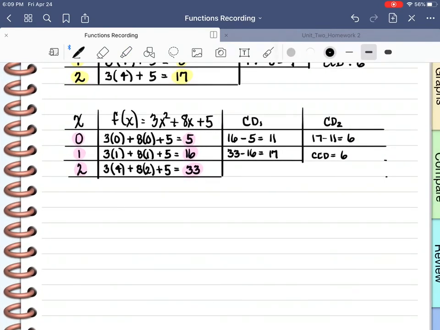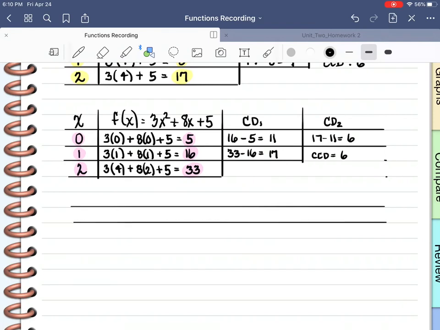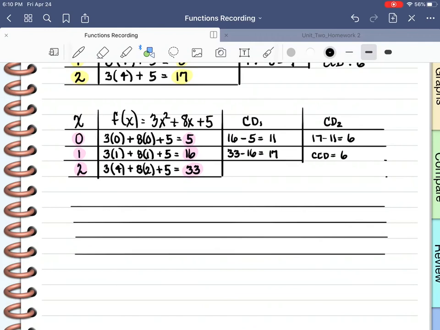All right, last one, and hopefully this is it, because if not, I've got a problem. It is quadratic, so I'm going to use a little bit longer table. Same values. You can use whatever values you want. It's really not going to matter, but I like to keep it consistent. Here's my function.